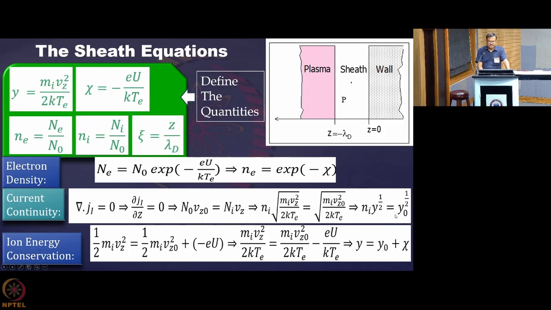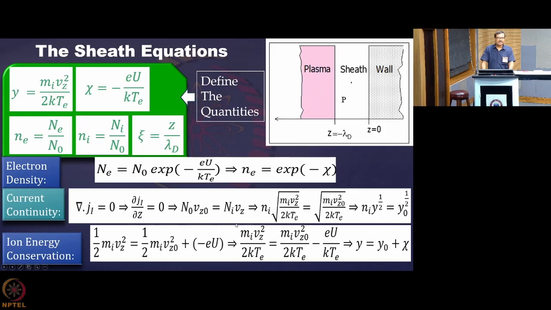So this is the equation we get from the current continuity equation, and it gives the expression for the distribution of ions, and the other one is the distribution of the electrons which we obtained from the Boltzmann distribution. So we now get the electron density distribution as well as the ion density distribution within the plasma sheath.